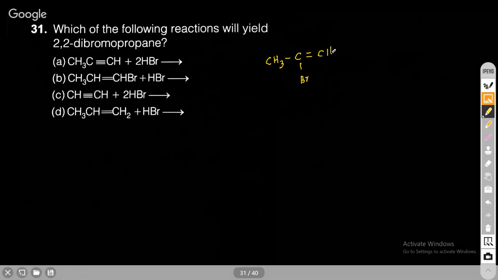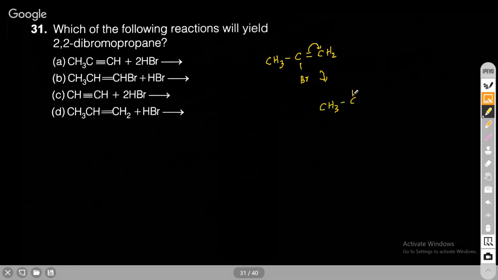Double bond will get CH2 here. Since we have one more molecule, again the shifting of pi electron will take place, right? And this electron will shift here, will get 3-degree carbocation, and finally the bromine attached on the second carbon.